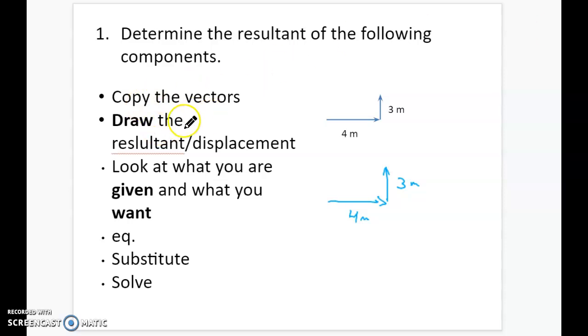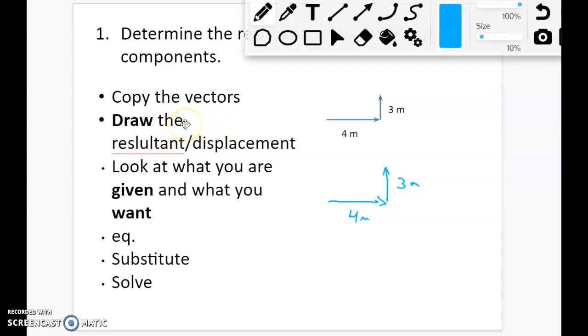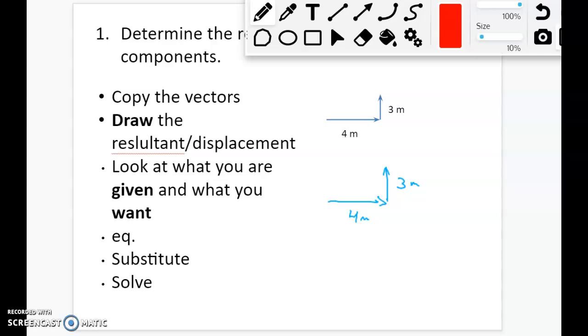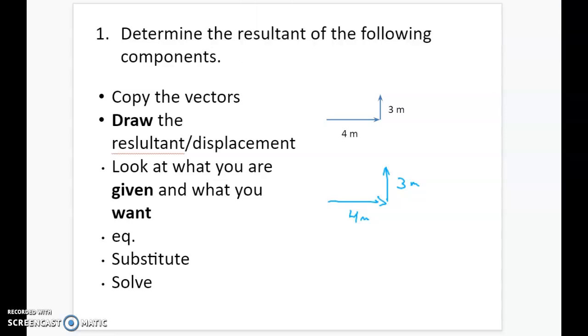But now I'm going to draw my resultant, or my displacement. Remember that these two are about the same thing. But when I draw my resultant, it needs to be going in the correct direction. It needs to be an arrow. So drawing out something like this, that's not good enough. And it is also not drawn like this.